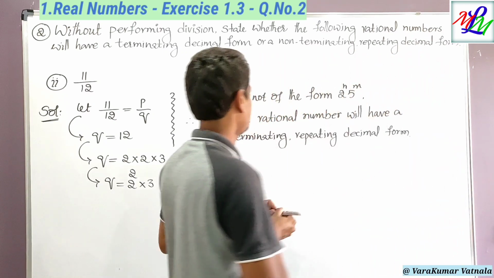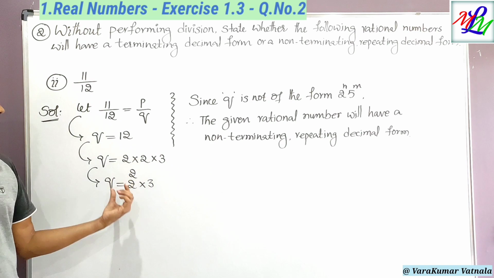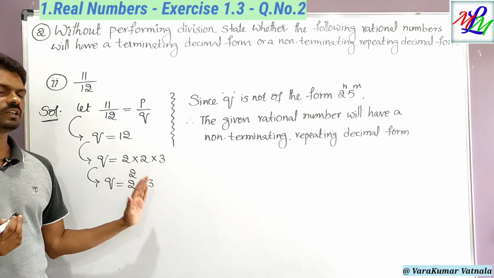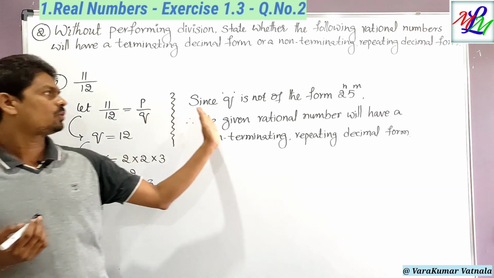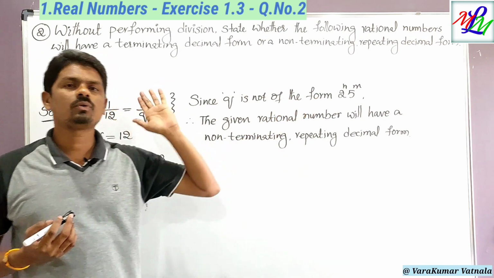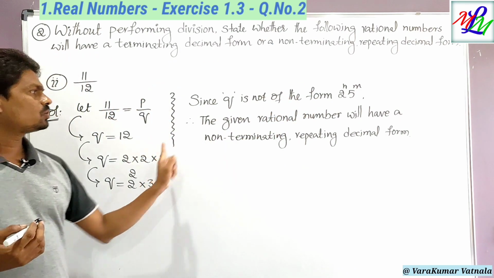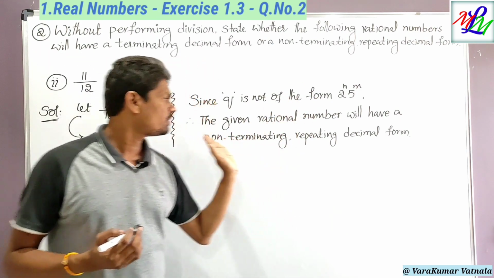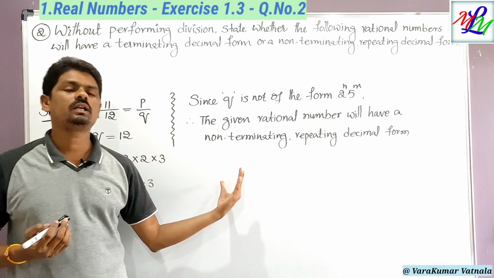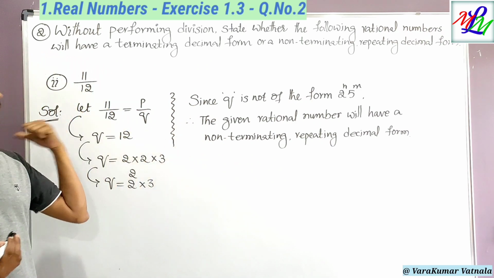So like this we can say, student, by observing the prime factors of q. Since q is not of the form 2 to the power n into 5 to the power m, therefore the given rational number will have a non-terminating repeating decimal form. So this is the second bit, student.